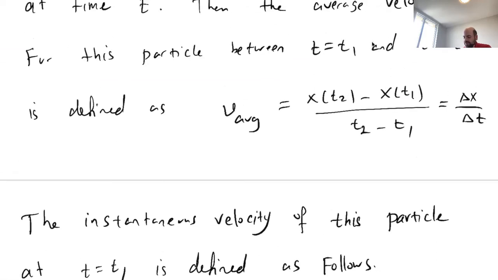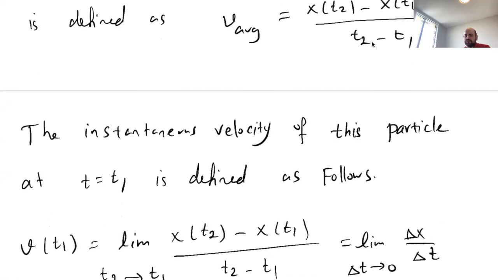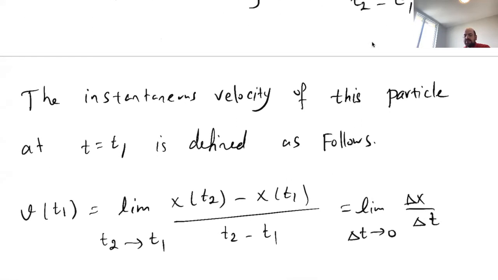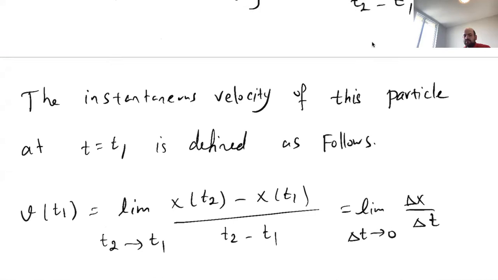Okay, because for average velocity we need two times, t1 and t2. Now, if t2 approaches t1, meaning that t2 gets closer and closer to t1, then the average velocity between t1 and t2 will be called the instantaneous velocity at t1.